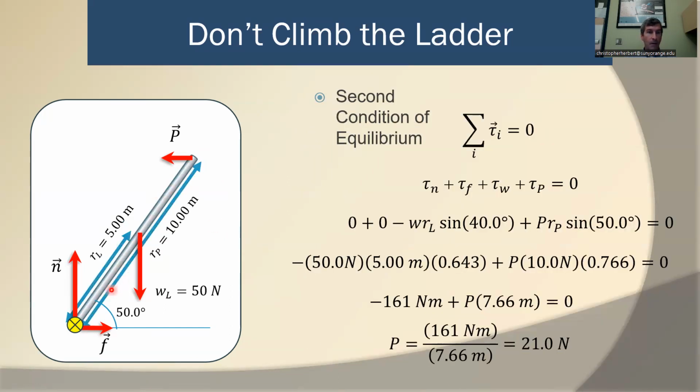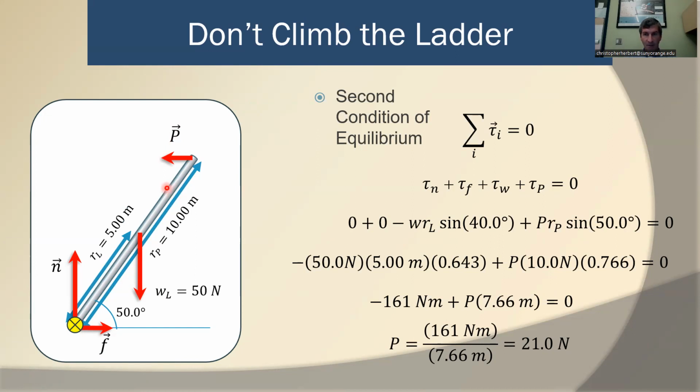If I choose my axis of rotation to be right here, the normal force and the frictional force do not contribute to the torque. So once again, I have the torque due to the weight of the ladder. Remember that this is 40 degrees here. It's a 90-degree triangle: 50 plus 40 plus 90 is 180. And up here, this angle is equal to this angle.